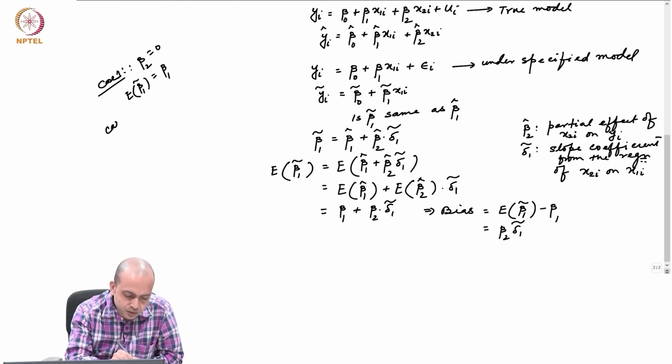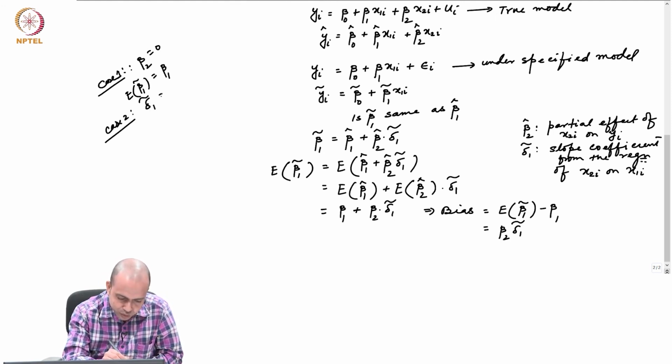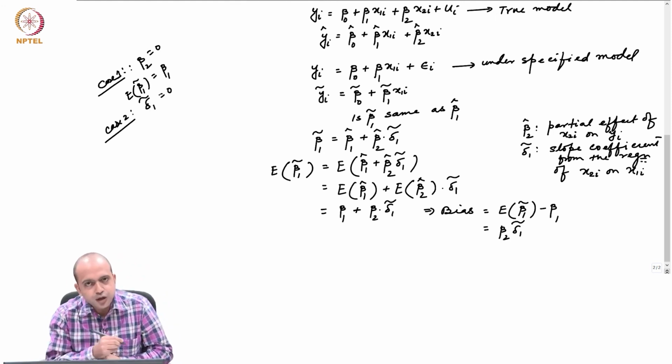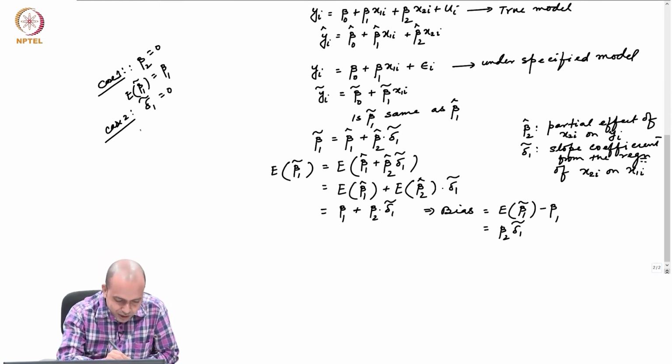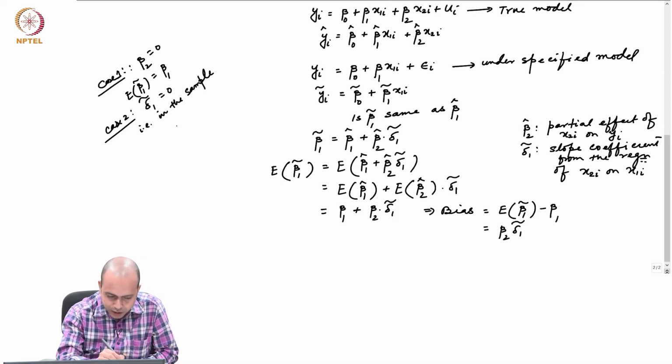Case 2 is important or interesting. Let us say delta 1 tilde equals 0. What does it mean? That means in the sample, x1i and x2i are uncorrelated.